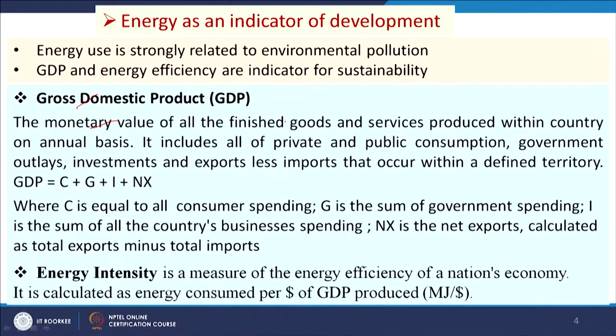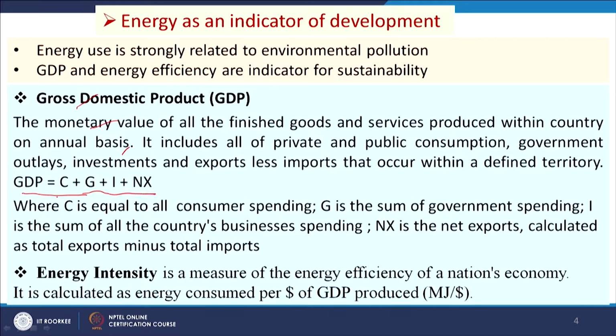Now, we will see what GDP is. GDP is gross domestic product, and this is the monetary value of all finished goods and services produced within a country on an annual basis. GDP is equal to C plus G plus I plus NX.